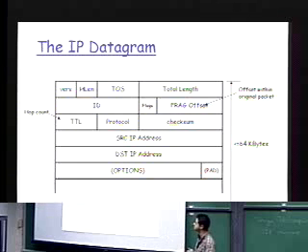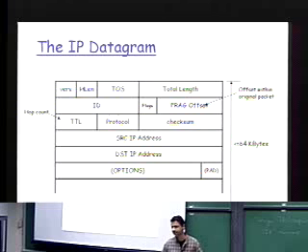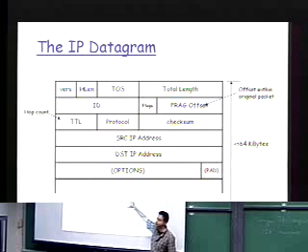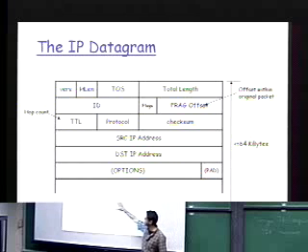Once the TTL field reaches 0, then this packet has to be dropped. So that's a feature of IP, and it's used in a clever hack by the program traceroute. Protocol defines which is the transport layer protocol carried by this IP datagram. So UDP, TCP, that is defined by this field.